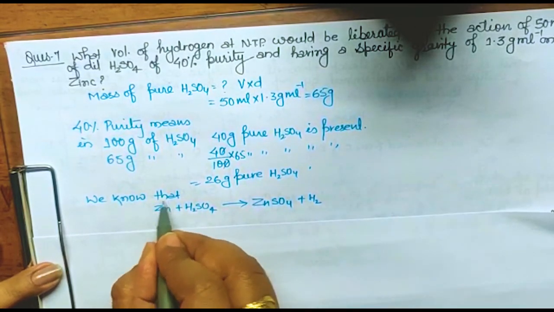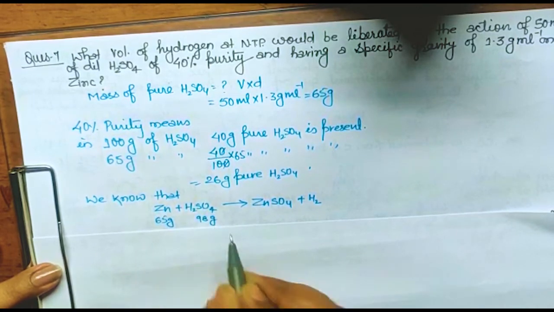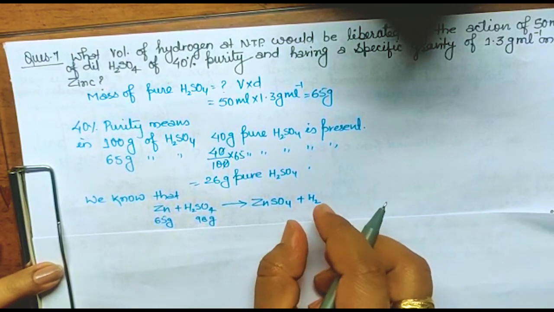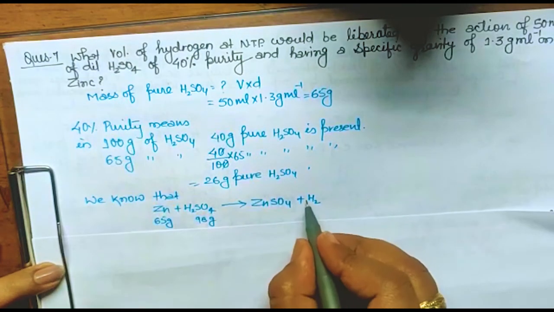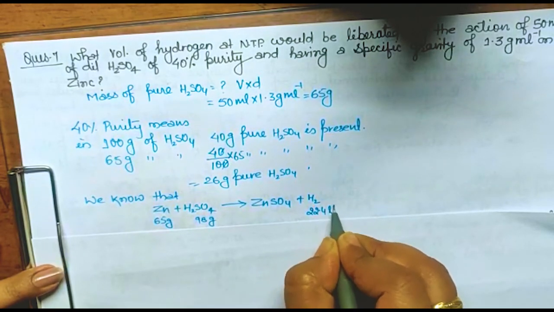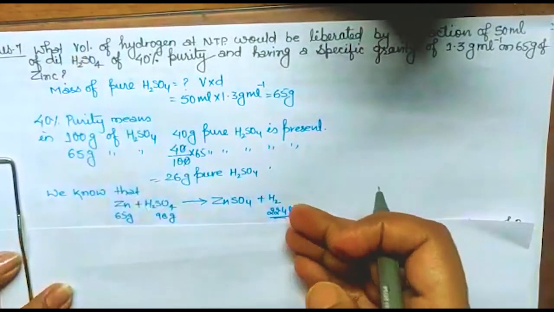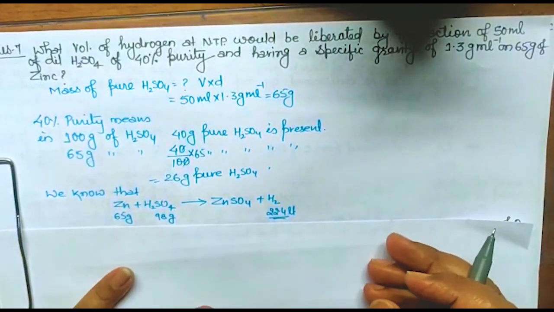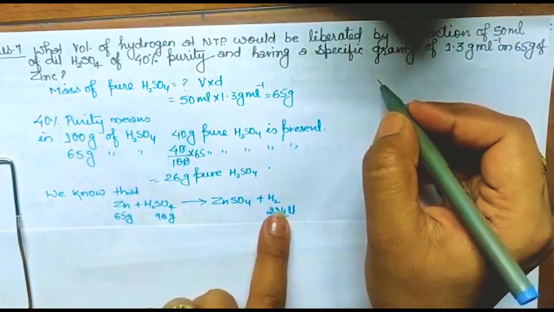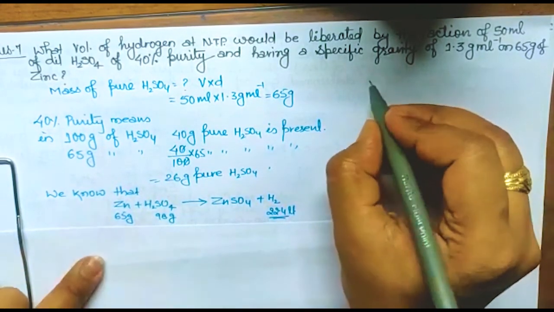Okay, so zinc is here, atomic mass 65 gram, and here it is 98 gram, and hydrogen, we want in volume. So 1 mole, it is 1 mole, so can I write 22.4 liter? Yes, any problem? Since volume is given, we can directly take it, isn't it? So now just check, this much H2SO4 is giving H2, not zinc. So we'll find the relation between these two.